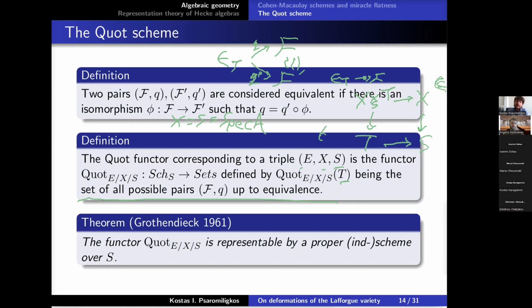A great theorem of Grothendieck is that this functor is actually representable by a proper scheme over S, a proper ind-scheme, but in this case, it just means it's a union of infinitely many proper schemes. In particular, recall that before we said that a lot of things stay invariant in a flat family.